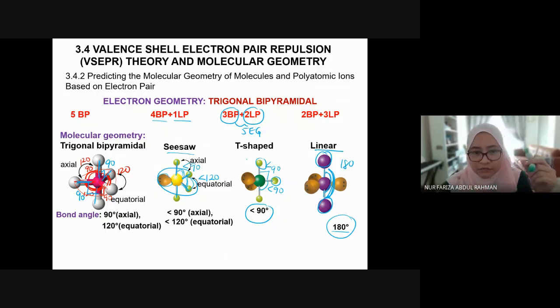Sebab you imagine this one is pushing, this one also pushing, so this one dia akan came closer to one another. So remember the bond angle bukan angle of lone pair dengan bond. It should be the angle between the bond. So bond of this, what we call is axial dengan axial. So what is the bond angle? So it should be less than 180.